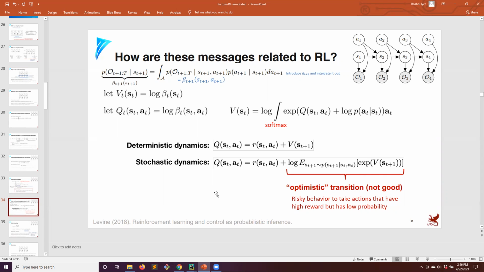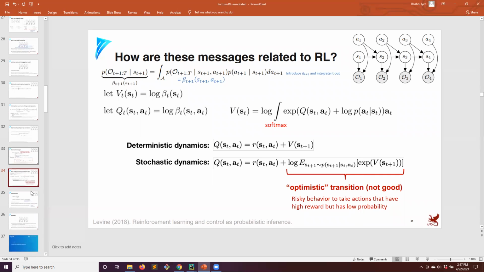In other words, to take actions that may have very high reward, but the overall probability of getting to that reward is actually very low. In the more likely case, it'll accumulate much lower rewards. So in that way, we call this too optimistic, and we will later fix this model to make sure it's not as optimistic. But it does have to do with these transition dynamics. So this part I will talk about later.